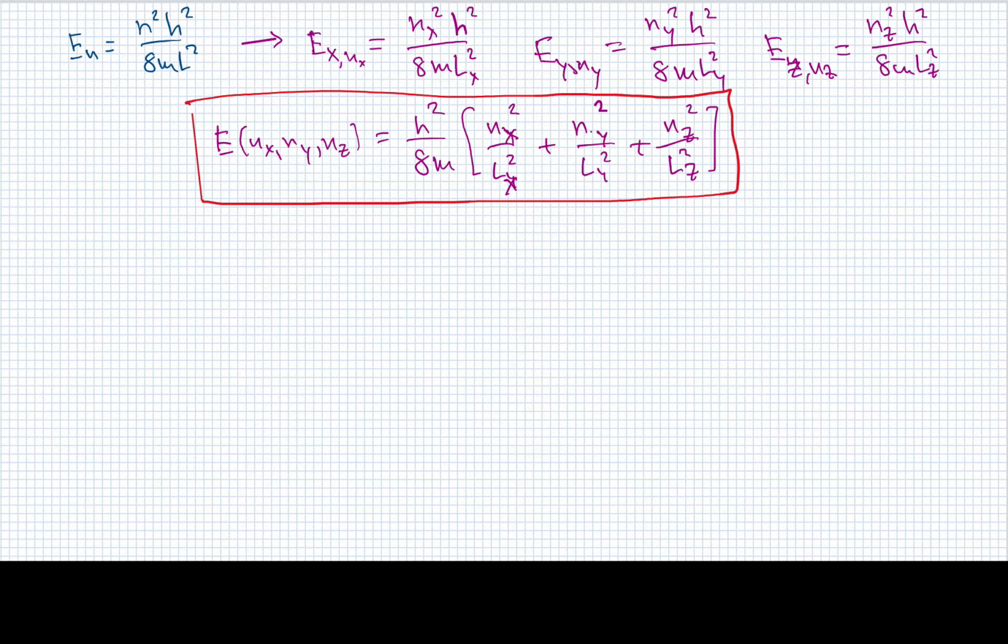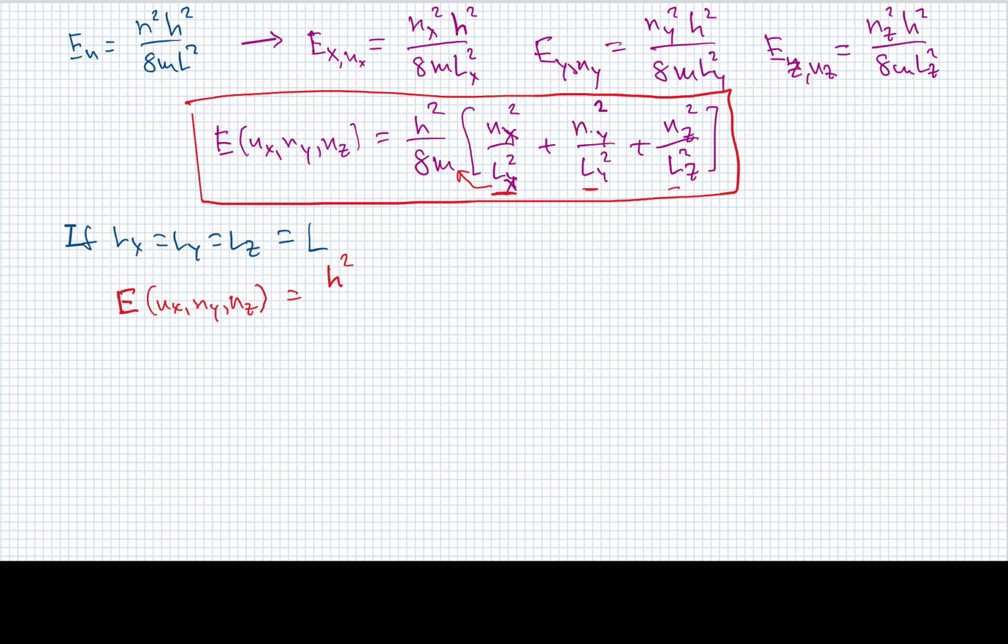Now, this is fairly straightforward and I hope has been easy to follow, but I wanted to raise one possibility just to illustrate a new point, and that is, what if we have Lx equal to Ly equal to Lz, and let's just set them all equal to L. So now when I write the energy levels down for this particle in a three-dimensional box, and again I'll specify that it's got all three of these quantum numbers, all of these terms that are in the denominator can be brought out front.